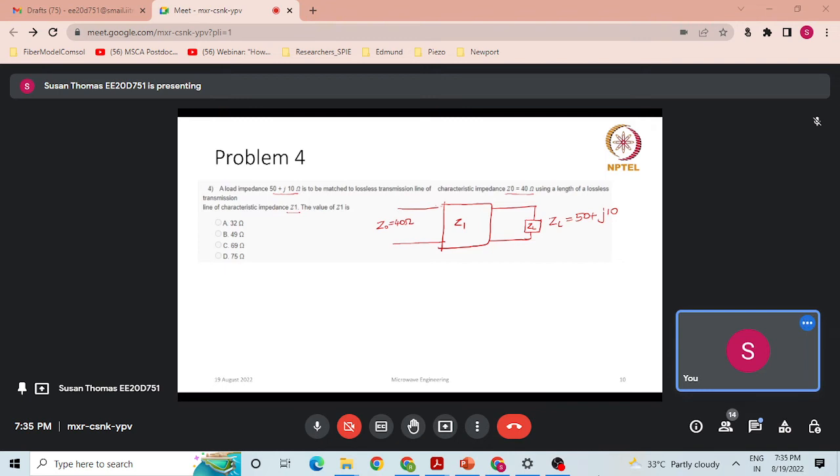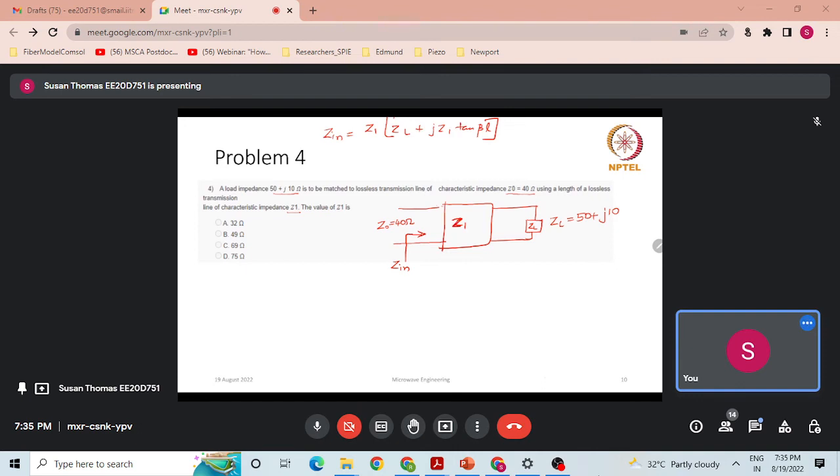Now, if you look at this system, looking into this input terminal, what is Zin? That is input impedance. So you have already learned about Zin. Zin is actually Z1 into ZL plus jZ1 tan beta L. So if you notice, this is actually the formula from transmission line theory.